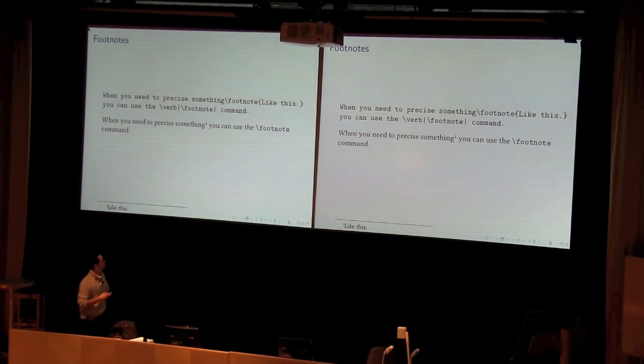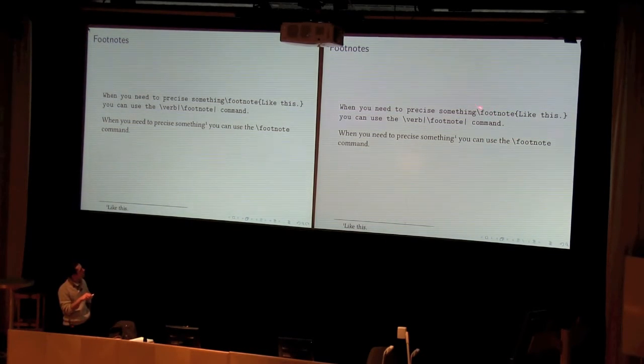You might also want to produce these little notes. I don't know if you can see all, maybe the front row can, but okay. This is just a little comment on what we are talking about. Maybe a very small reference or advice for the reader, so it is not mandatory to read. You can put this using the command footnote.